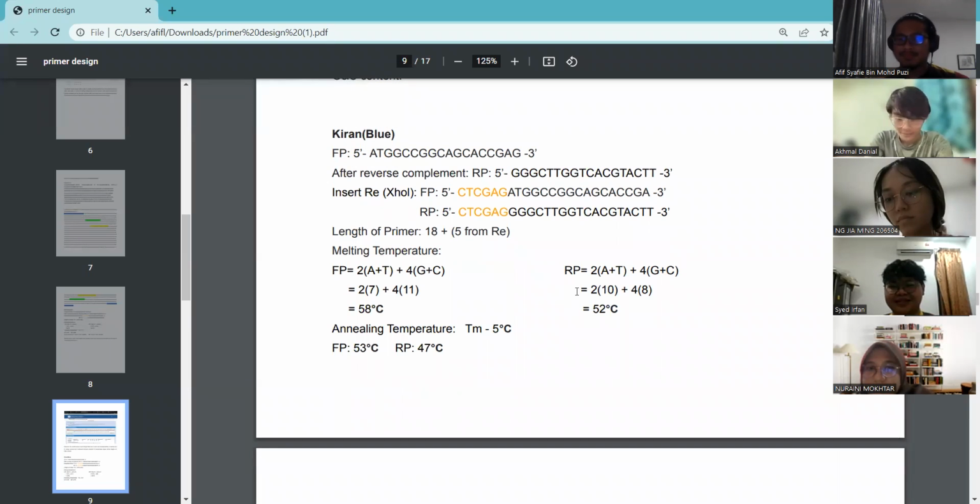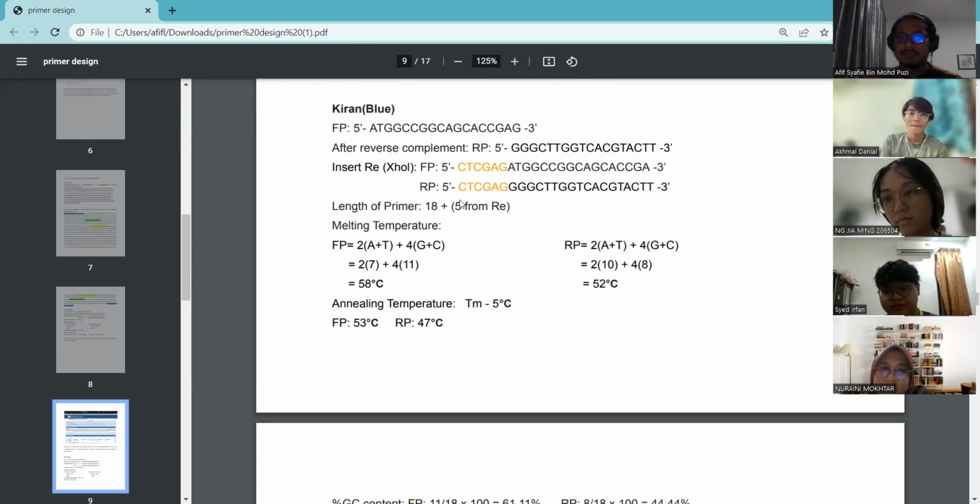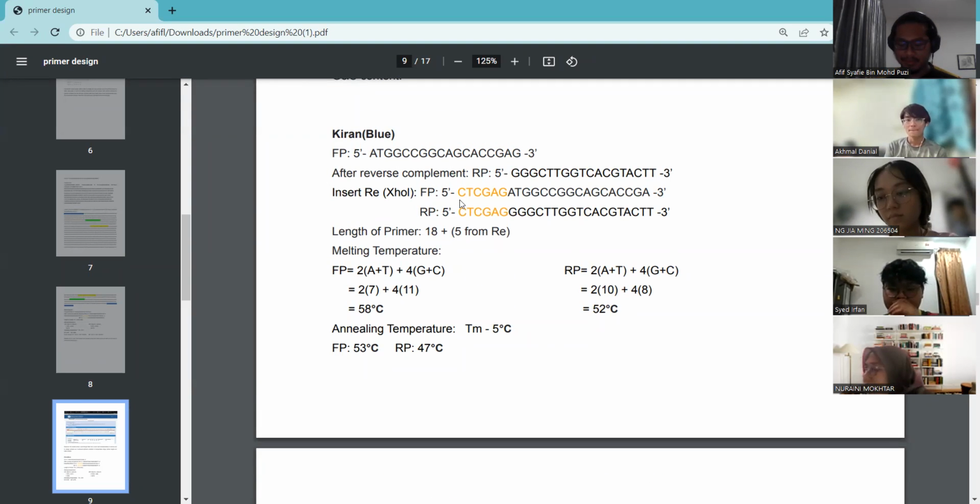Just like Akmal, me and Akmal decided to do the primer pair together. Like Akmal said, I also chose the forward primer and the reverse primer randomly from the sequence that we already converted using the EMBOSS program.